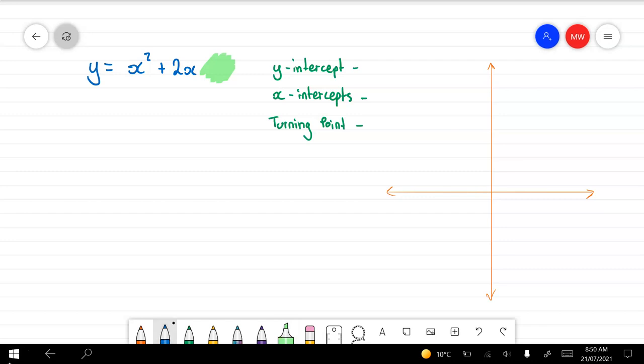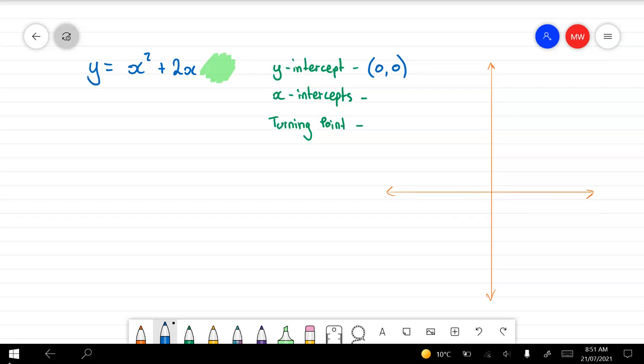So that means your y-intercept is 0, 0. What if x is nothing? Well, nothing squared plus 2 times nothing is nothing, so y is nothing, so 0, 0.